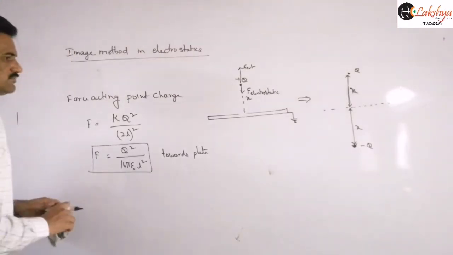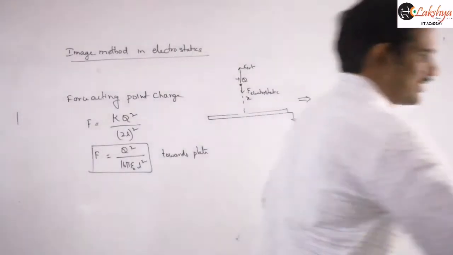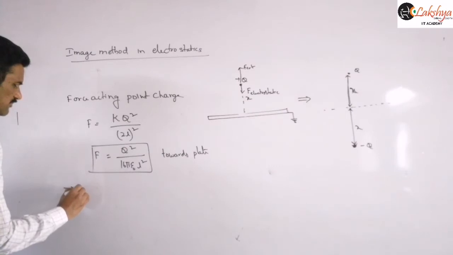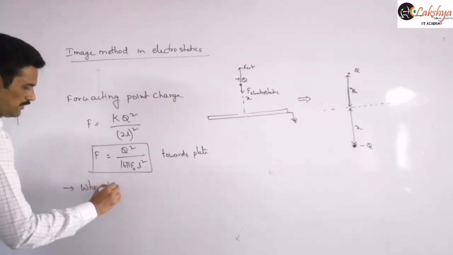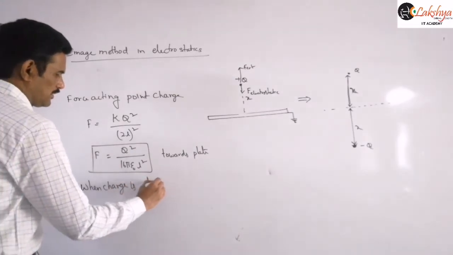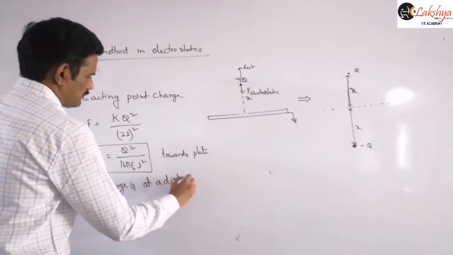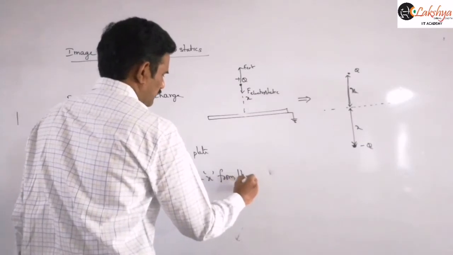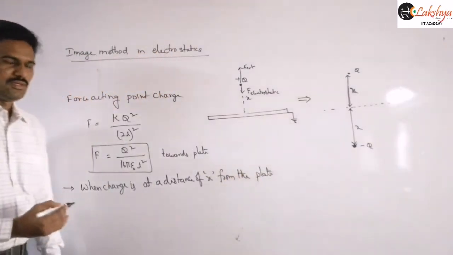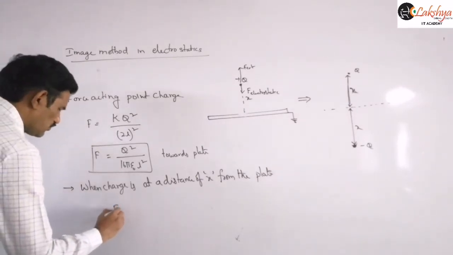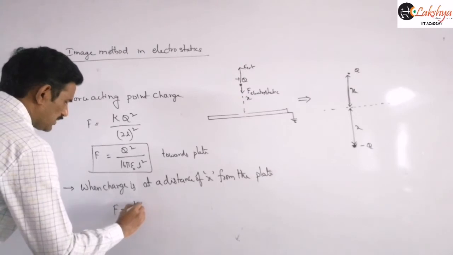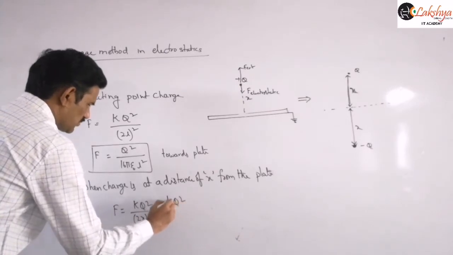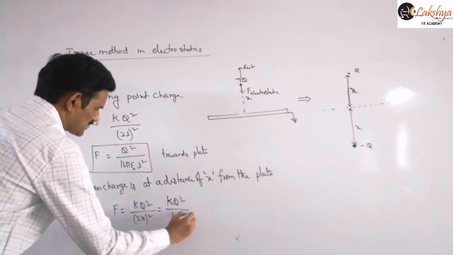So the force acting on the charge at that instant, this is the second part here, when the charge is at a distance of x from the plate, you can write the force F is equal to kq square by (2x) whole square, which is nothing but kq square by 4x square.